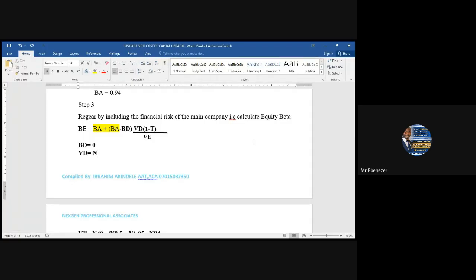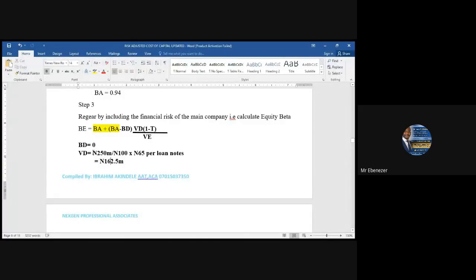The book value is 250, divided by 100, times 65 naira per loan note. What do we have? 162.5.